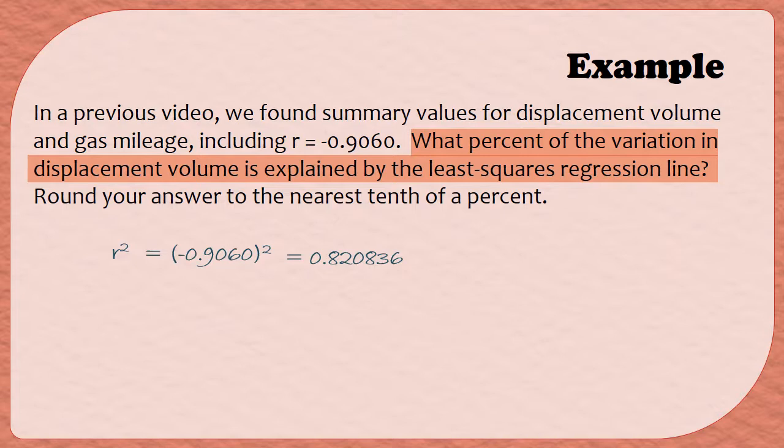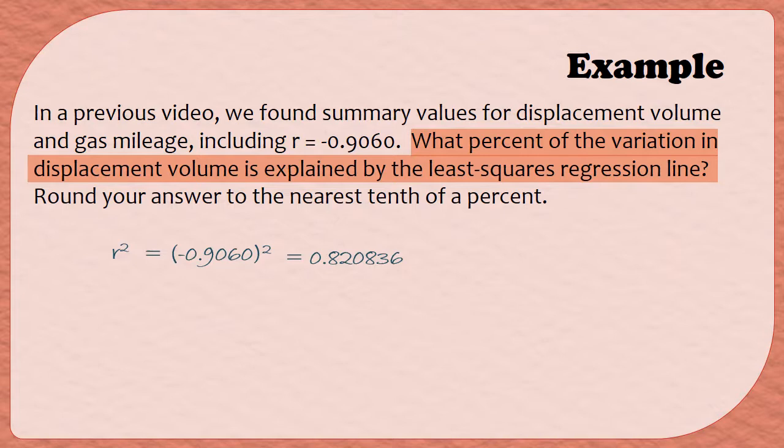Now, if this problem had asked us what proportion of the variation, then I would leave my answer in decimal form. However, it asked us what percent instead of proportion. So that means we need to change this decimal into a percentage.